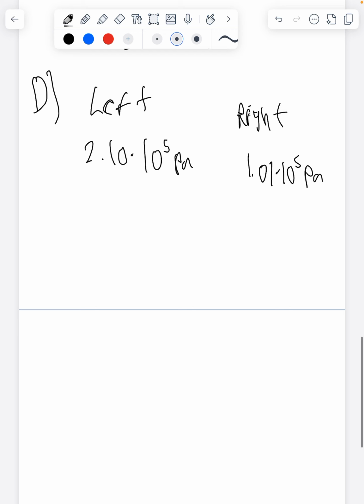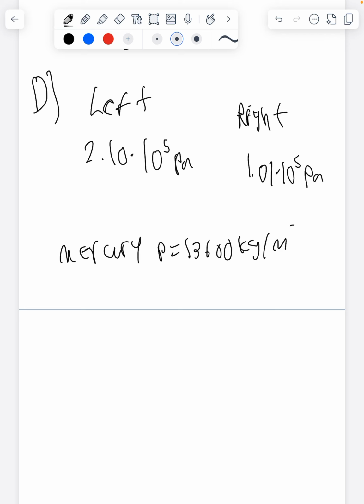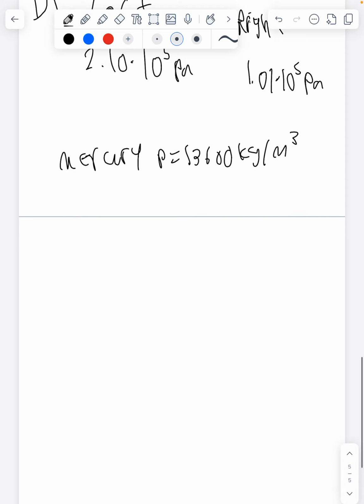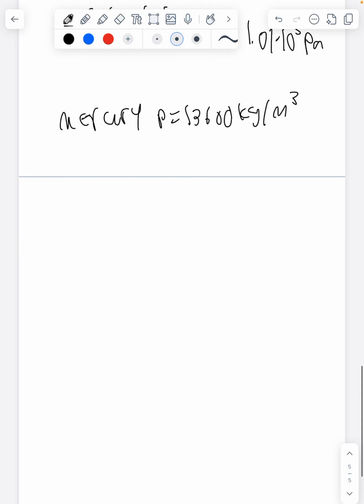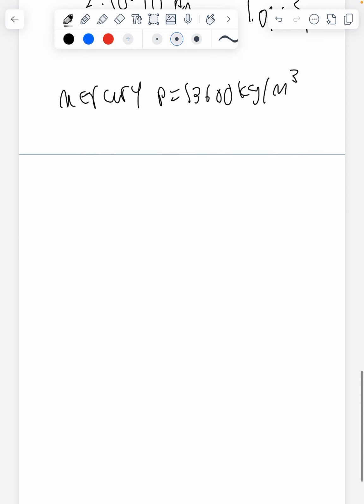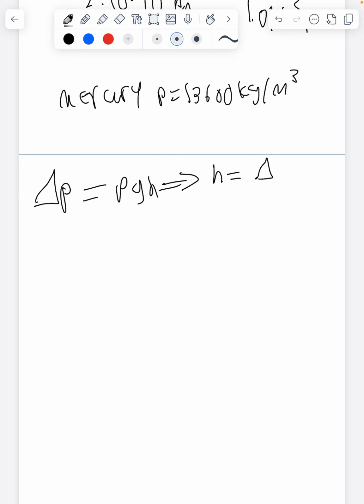And then mercury has a density of 13,600. And our goal is to find the height difference between the arms. So that would be the change in P equals ρgh. To find this, we're just going to solve for h, so we're just going to rearrange the equation.